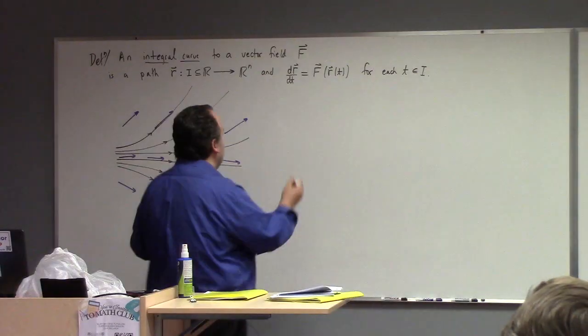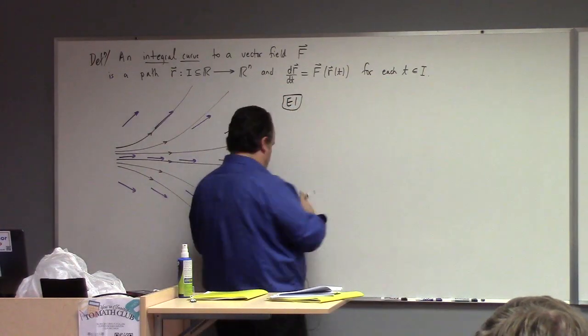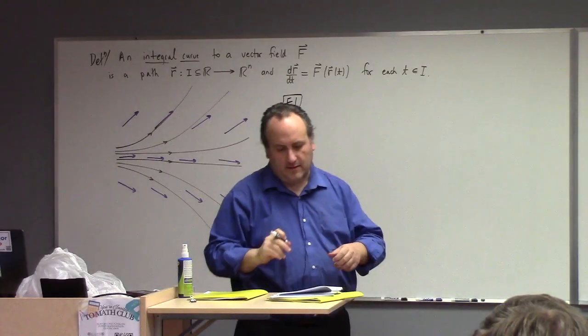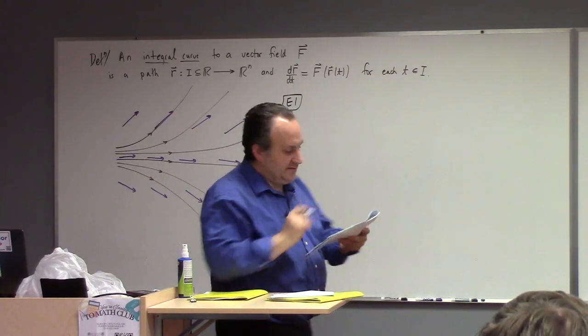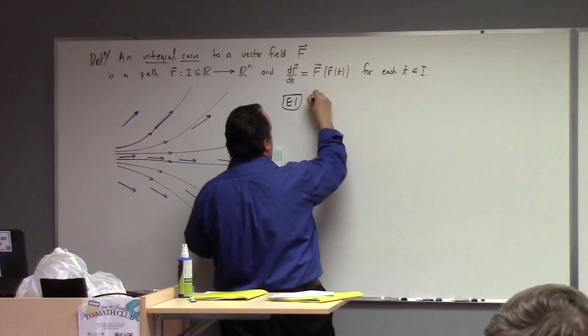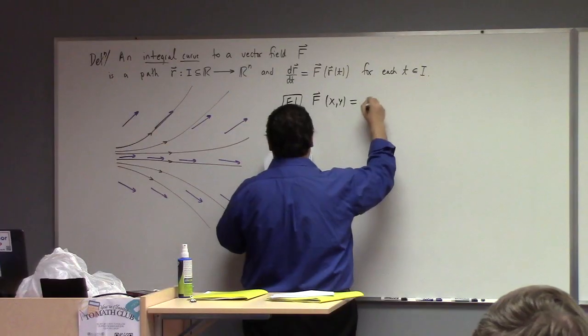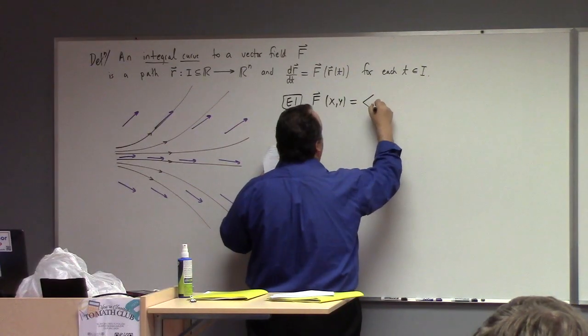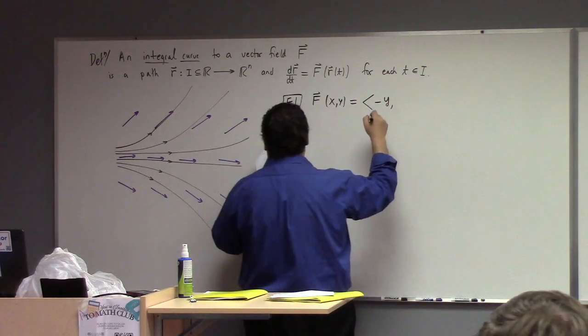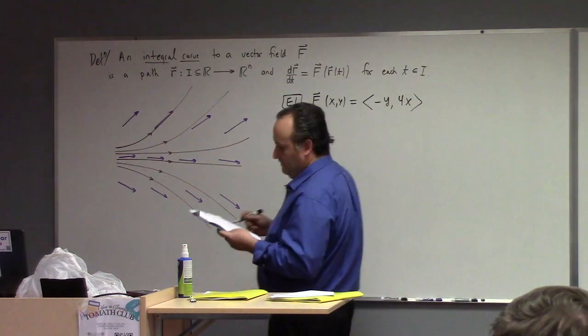So example 1, we could look at finding integral curves of the following vector field. I'll do a 2-dimensional one to get us started here. F of (x, y), the vector field I'll look at will be, say, (-y, 4x).